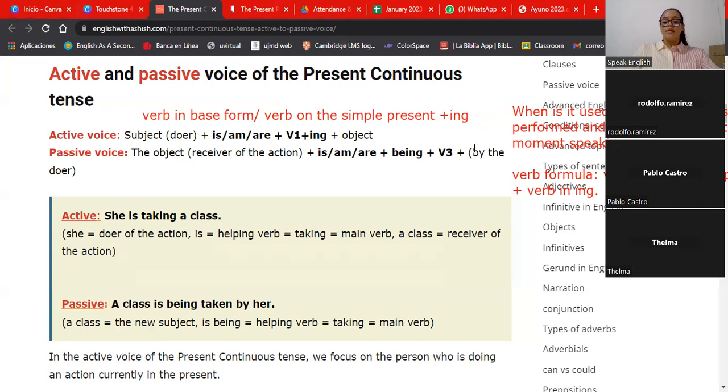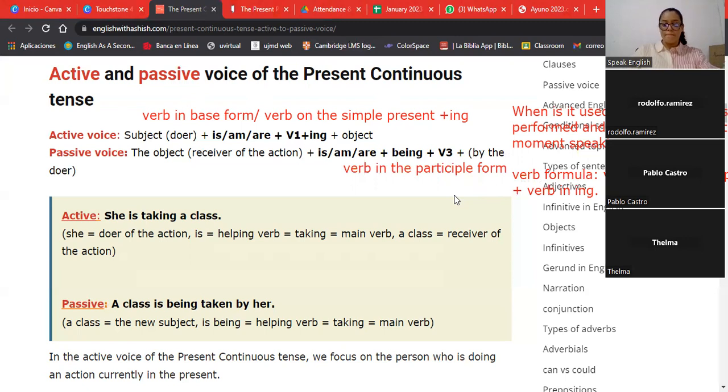In the case of V3, it is about the past participle, right? Exactly. Verb in the participle form. When we talk about the V3, that is the participle form of the verb.